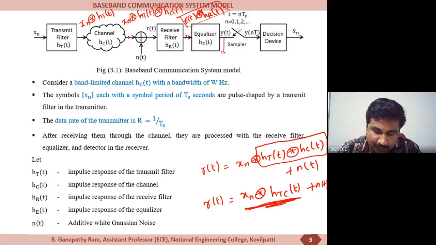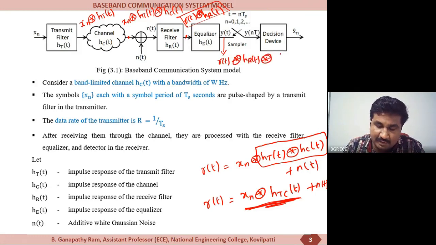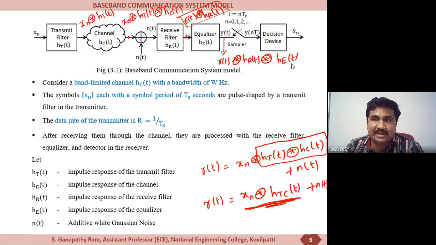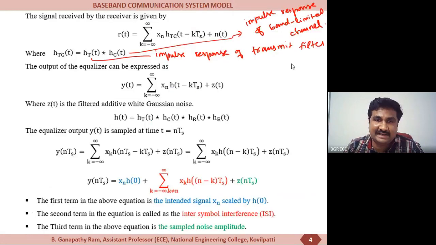So at the output, y of t is nothing but R of t convolution of hr of t convolved with he of t. This is nothing but y of t. So the output of the equalizer can be written as y of t is equal to summation of k is equal to minus infinity to infinity x of n into h of t minus kTs plus z of t.